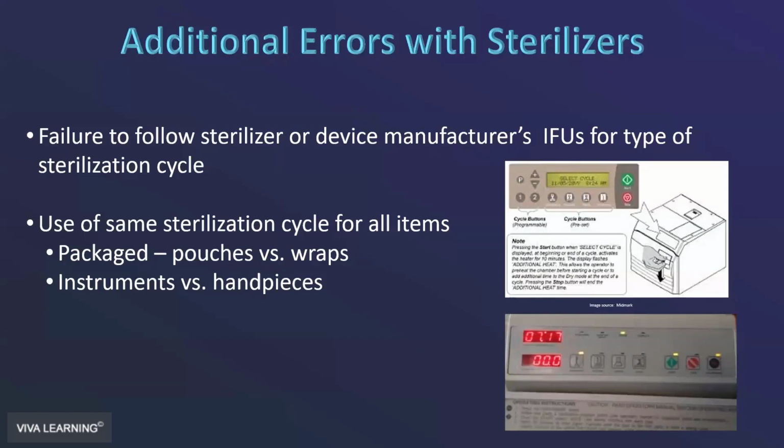And assuming that one particular load can do all types of items is incorrect. And hand pieces, if they're run on an inappropriate load or they're mixed in with other things, may not be sterilized. So make sure you're following the manufacturer's instructions.